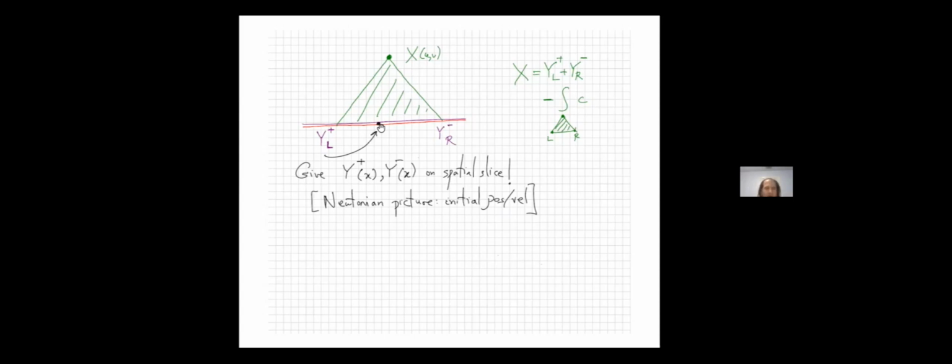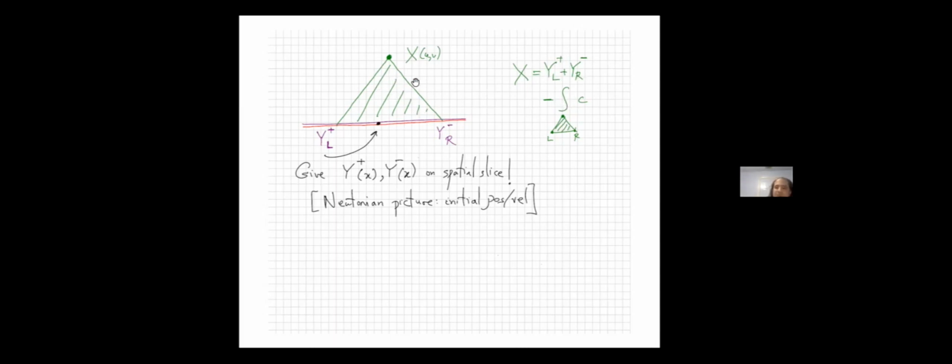And then I'm going to solve the wave equation everywhere else in exactly the same way, except that here, because I'm giving you two things, a plus and a minus, I'm making a little choice that the x here is going to be the y plus on the left plus the y minus on the right. But the rest is exactly the same.